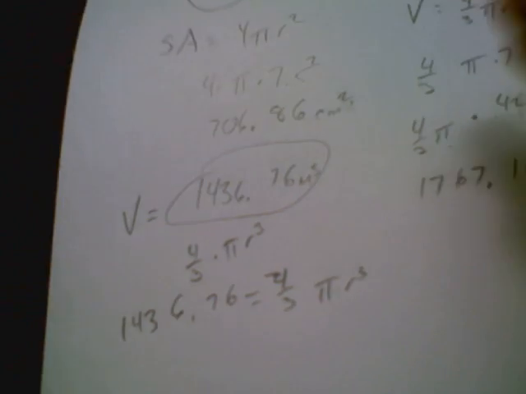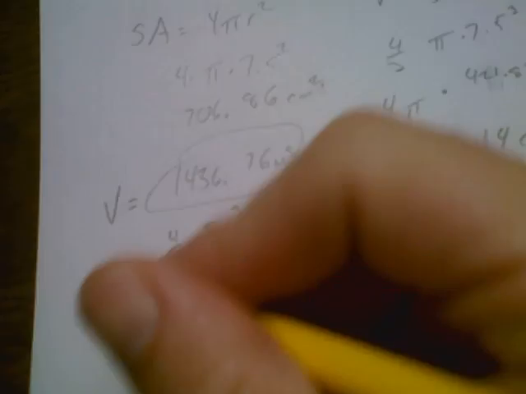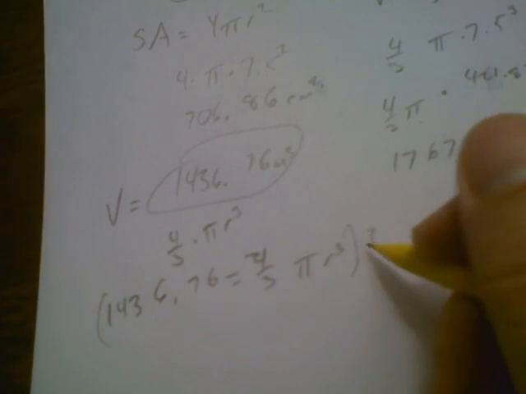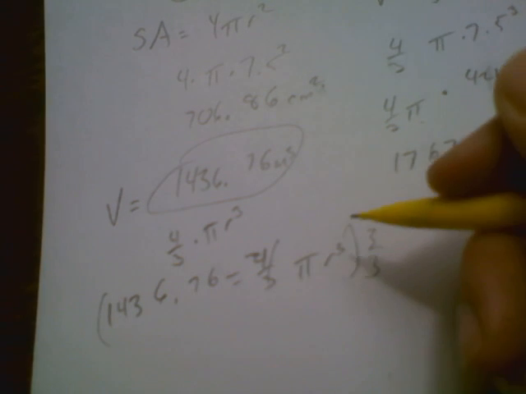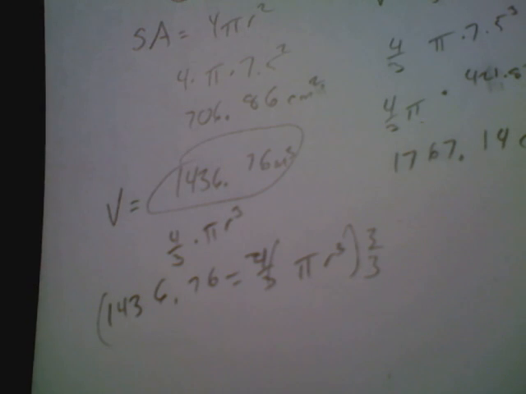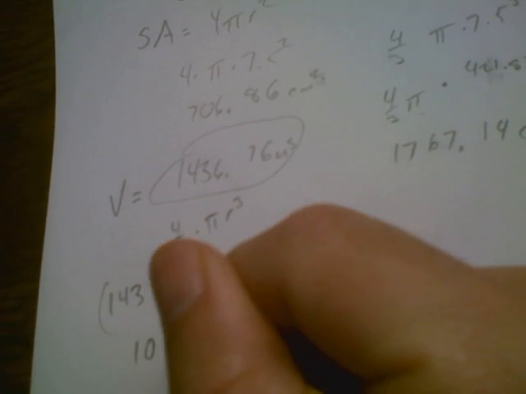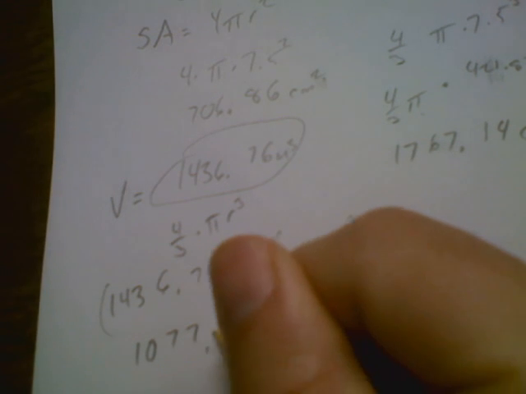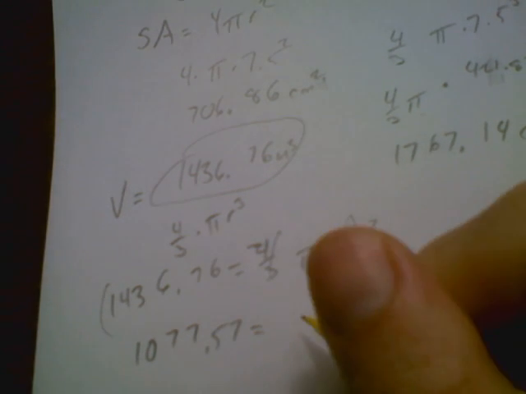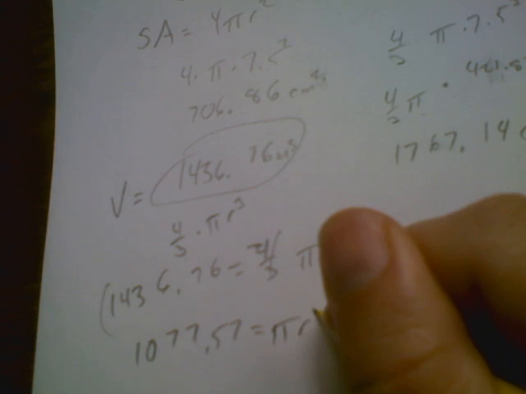This is really just algebra. Multiplying both sides by 3/4 gets rid of that. So 1436.76 times 0.75 is 1077.57 equals pi r to the third.